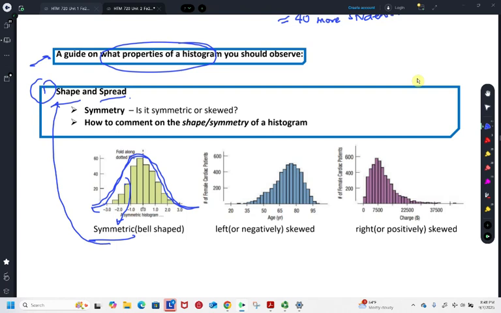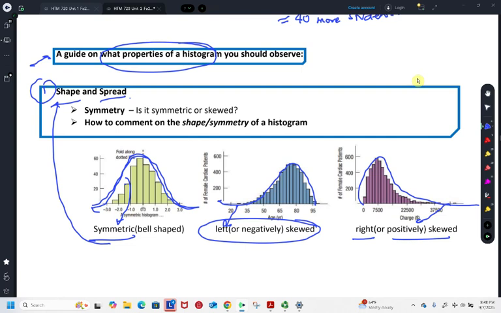Otherwise, if it has a longer tail to the left than to the right, it is said to be a left or negatively skewed distribution. And if it has a longer tail to the right than to the left, then it's said to be right or positively skewed.